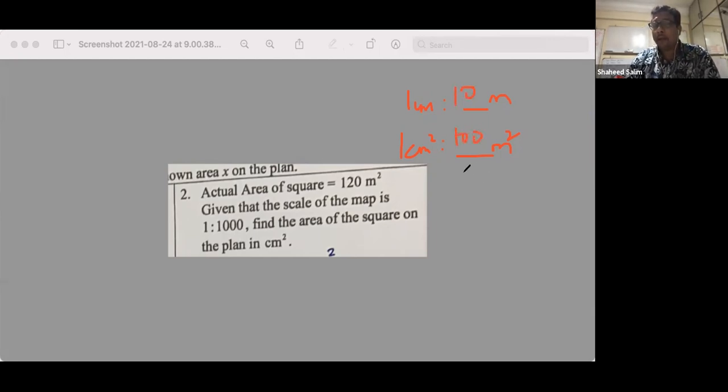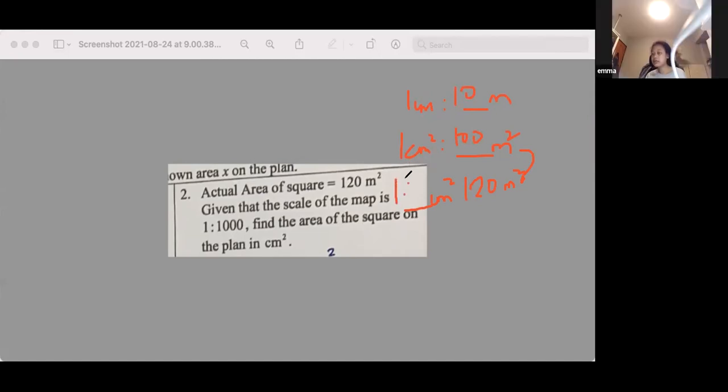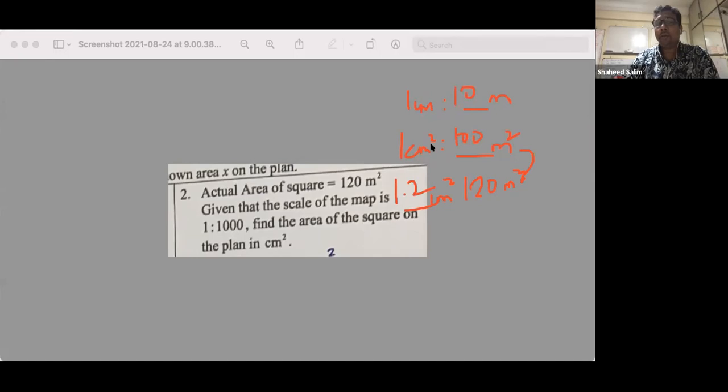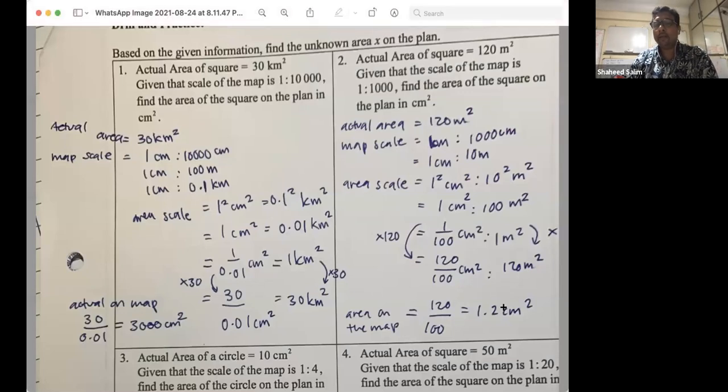And now they want 120 square meters. Times what? If you don't know, you divide. Take 120 divided by 100, you'll get the answer. 1.2. So let us see whether this is correct. And you will see that actually it is absolutely correct.